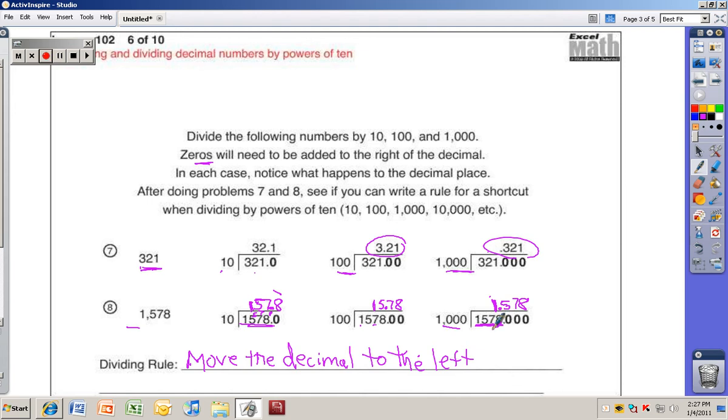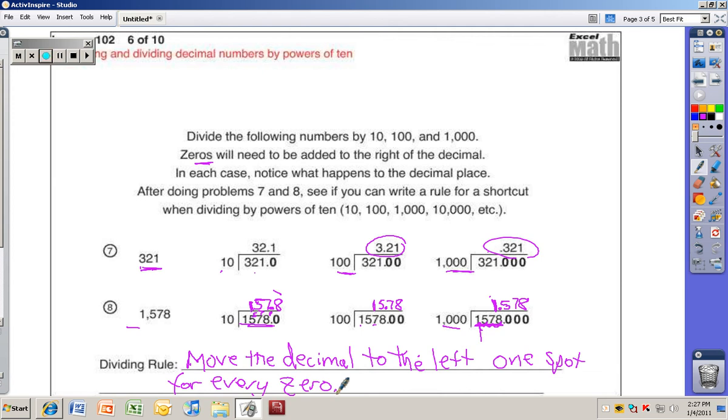Here it went 1, 2, 3, and the answer was 1.578, right? How did I know to move it 3 spots? Because of the three zeros in 1,000. 1 spot for every 0, right?